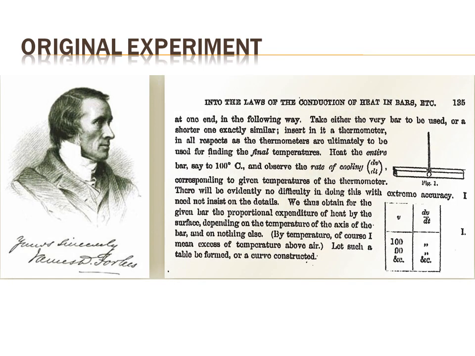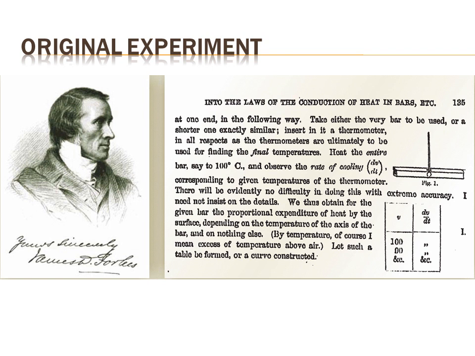The original experiment was performed by James David Forbes in the year 1864. He determined the absolute thermal conductivity of an 8-foot long bar of wrought iron with a 1.25-inch square cross section using an earlier experimental design.